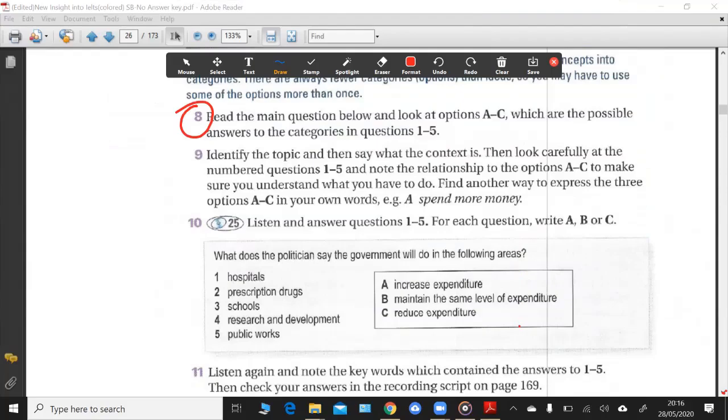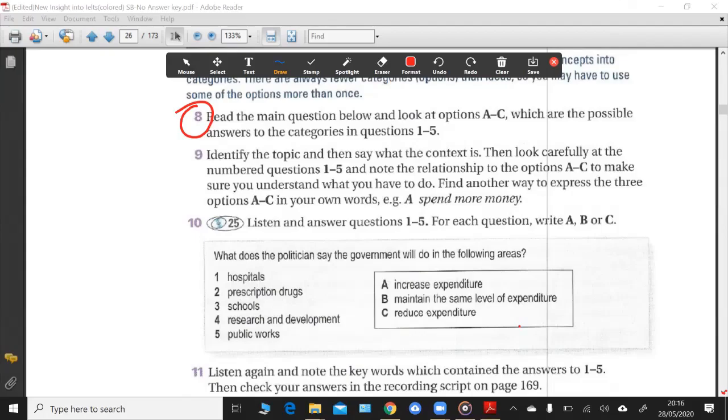Identify the topic and then say what the context is. Then look carefully at the number of question 1 to 5 and note the relationship of options A to C to make sure you understand. What you have to do, find another way to express the 3 options A to C in your own words.